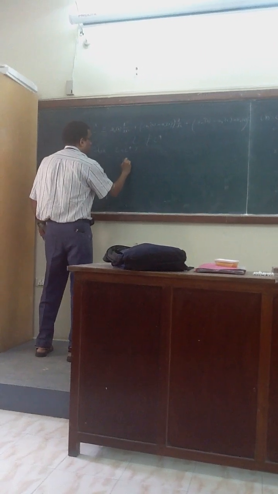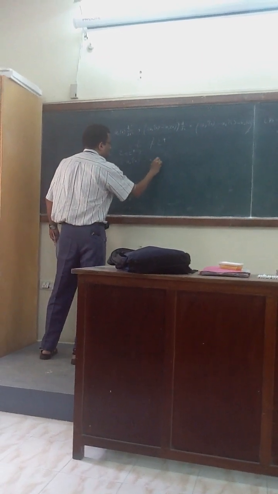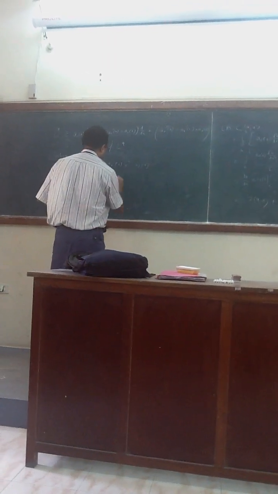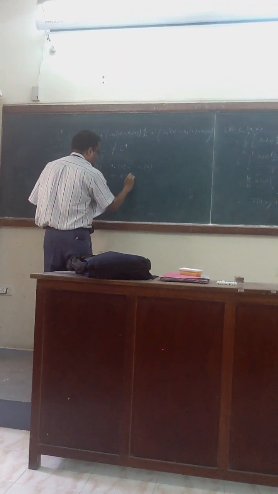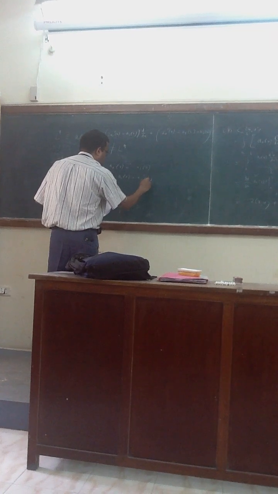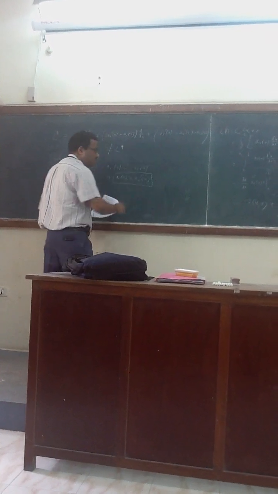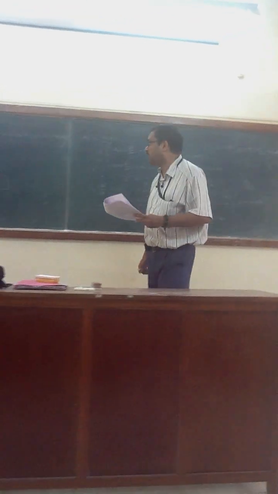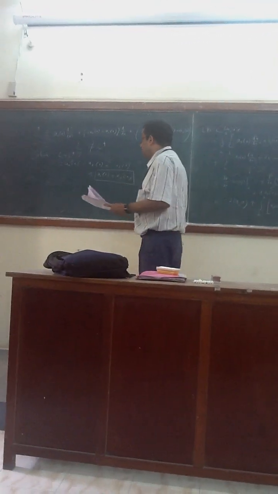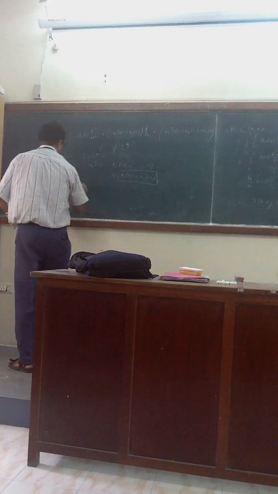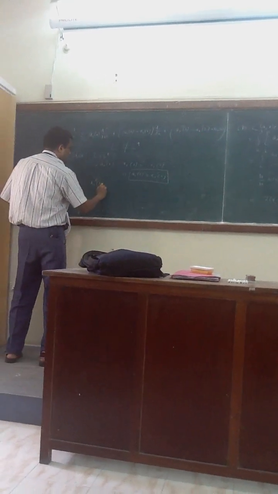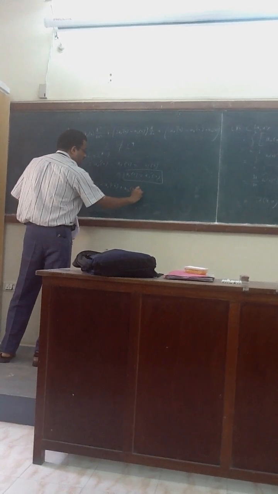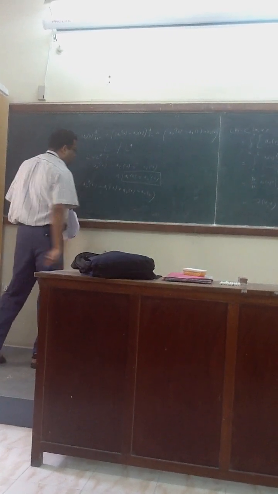We have to find 2a0'(x) minus a1(x) equals a1(x), which gives you a1(x) equals a0'(x). If this is the relationship, then up to this point everything is okay. The last one, a0''(x) minus a1'(x) plus a2(x) equals a2(x).